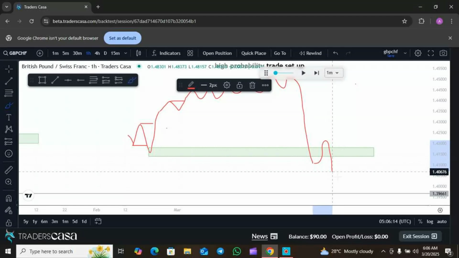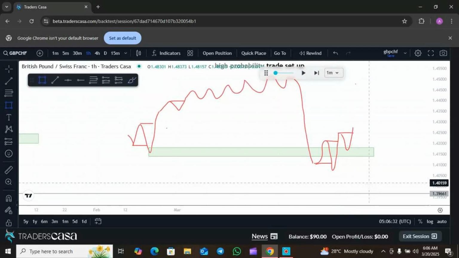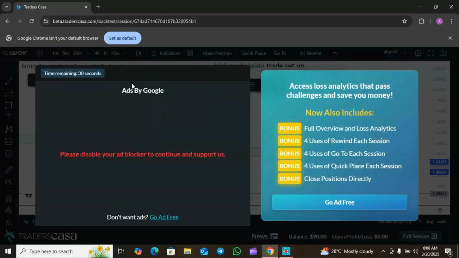So you wait for price to take out another low, then break structure here, then give you an inducement or a liquidity. Then here now becomes your POI.